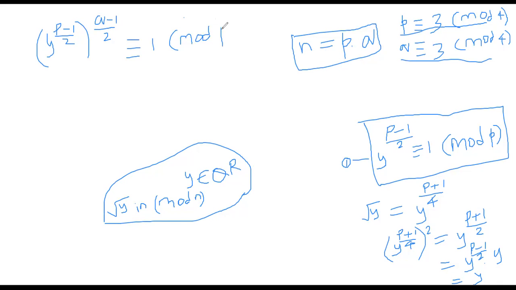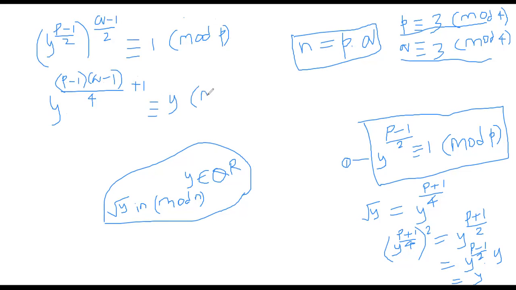Now we are going to do a small trick. We multiply both sides by y. So what will happen now is we get (p-1)(q-1)/4 plus 1, because I'm multiplying both sides by y, so we can add the exponent, is y mod p.